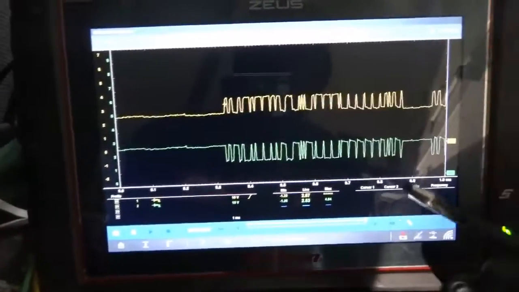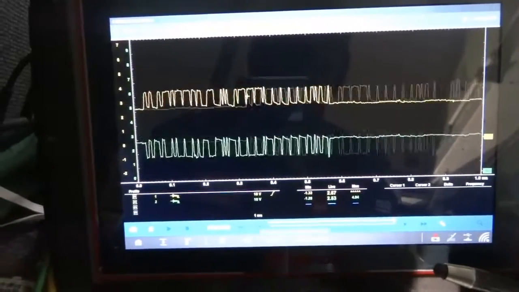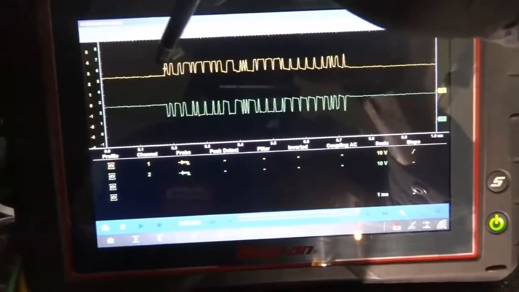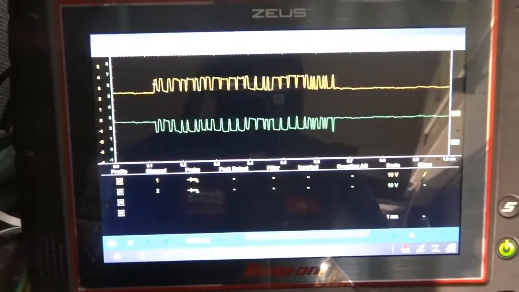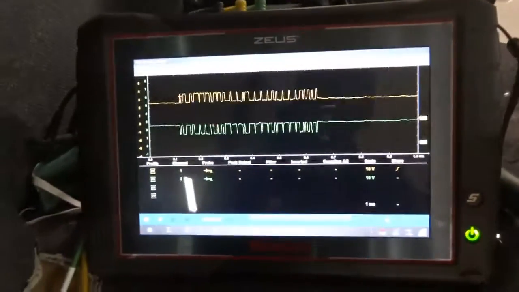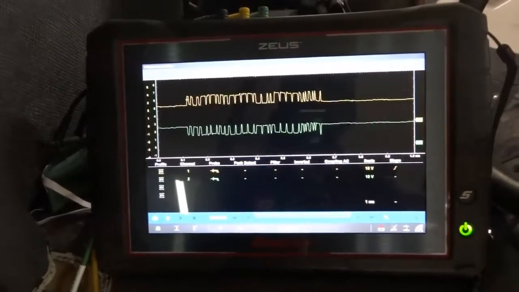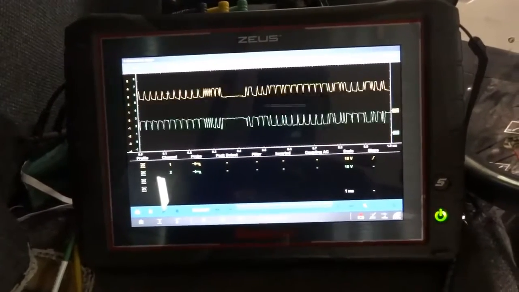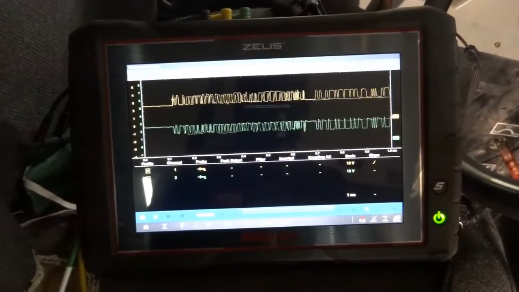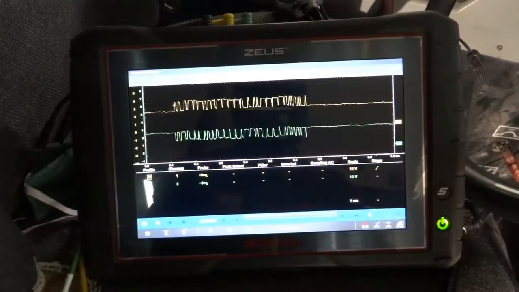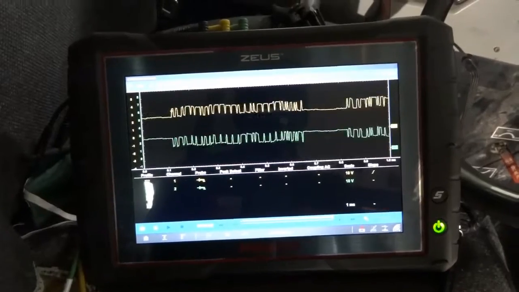I don't know. I can't really tell. I don't know if you guys can tell the difference, but kind of looks the same to me. So the signals are definitely mirroring each other. They look the same. So, I mean, the only thing I could rely on was the resistance measurement, because right now the waveform looks the same to me.